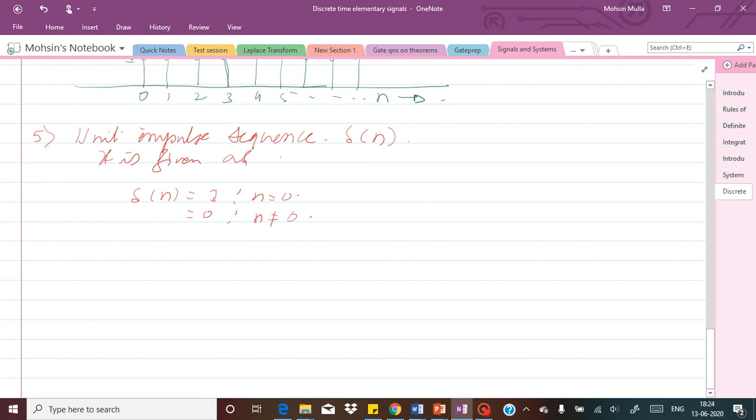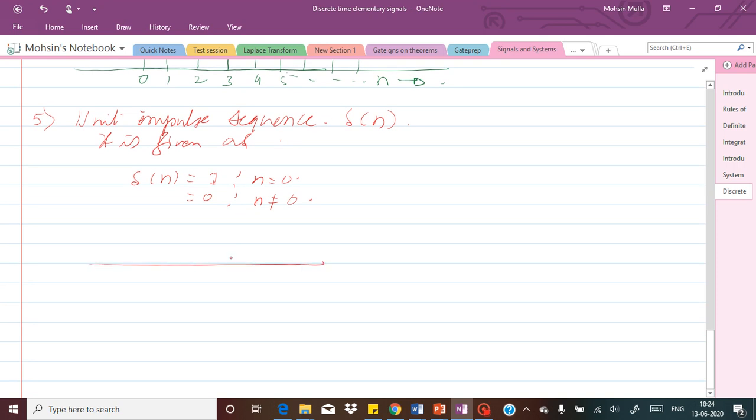Only at instant n equal to 0 there will be magnitude of this signal, and that magnitude will be equal to 1. At all the other instants, negative as well as positive, the magnitude is 0 here. So this is the unit impulse sequence.